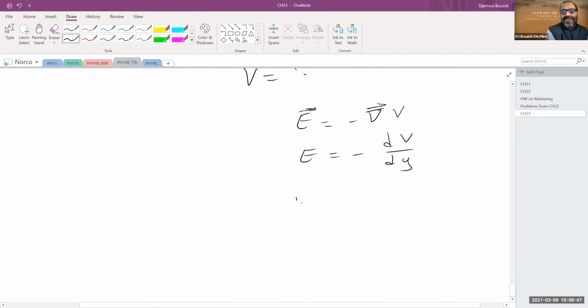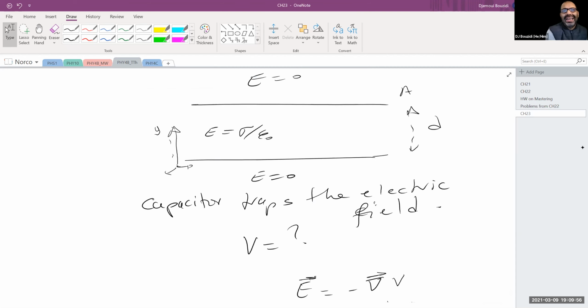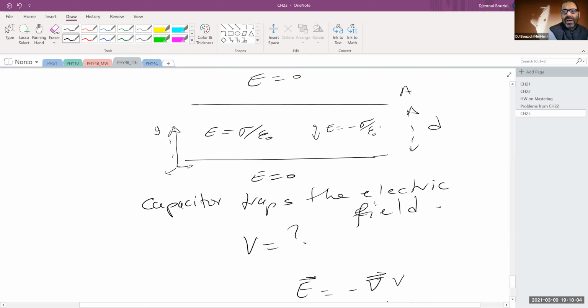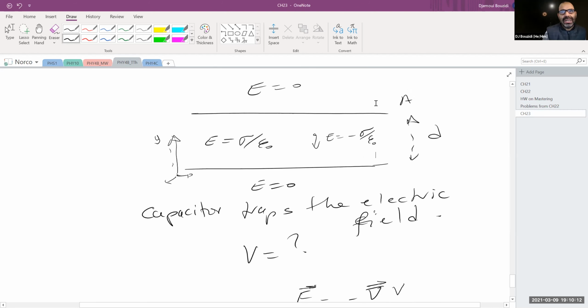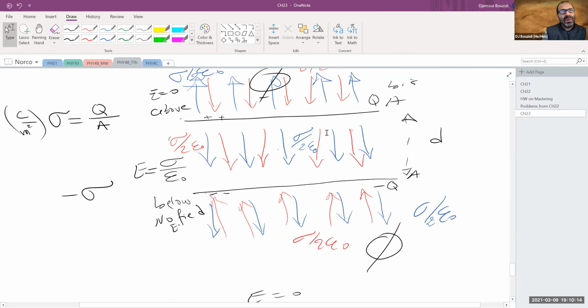So the potential is actually the entire derivative of the E in this case. So V must be equal to the negative of the integral of E dy. Clearly you can see that E is 0 outside, but it's negative sigma over epsilon naught in this region, because of my axis. Do you guys see that the electric field is negative? It's always pointing from the plus to the minus. If you are not convinced, just look at this picture again.